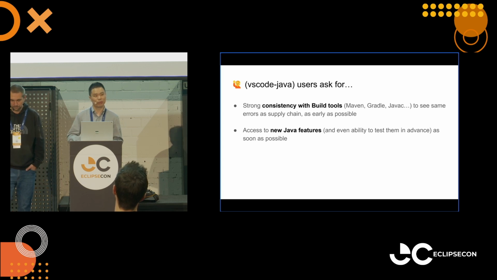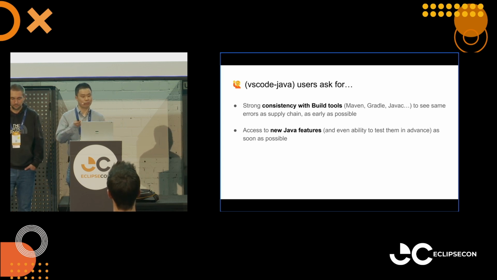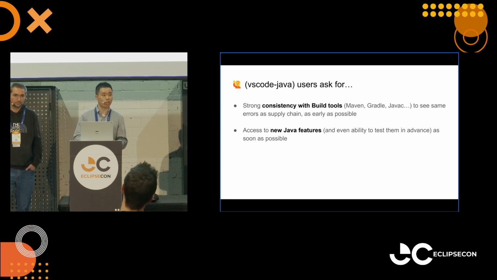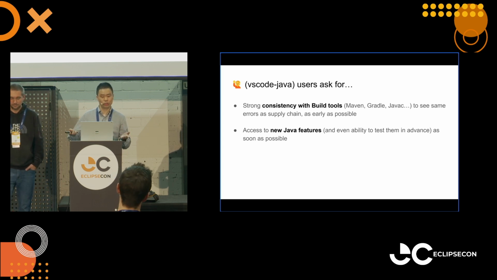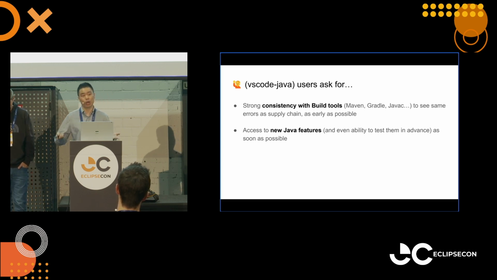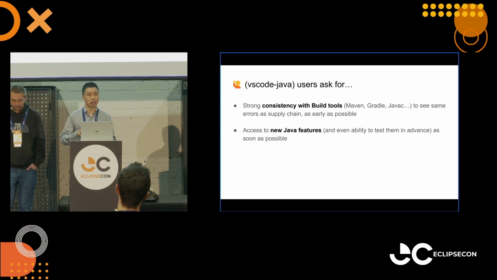So we also receive some feedback from them. Here is one of the top issues we have faced from the user side. The first one is about the out-of-box experience in the IDE tooling. What users expect is strong consistency with their local build tools when they open their Java project in Eclipse IDE or vscode-java.